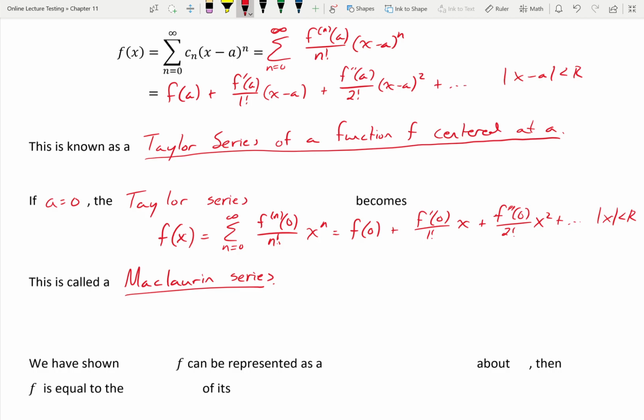All right. So we have shown before, and it's a big if here, and I'm going to try to underscore this as much as possible, if f can be represented as a power series about some center a, then f is equal to the sum of its Taylor series.